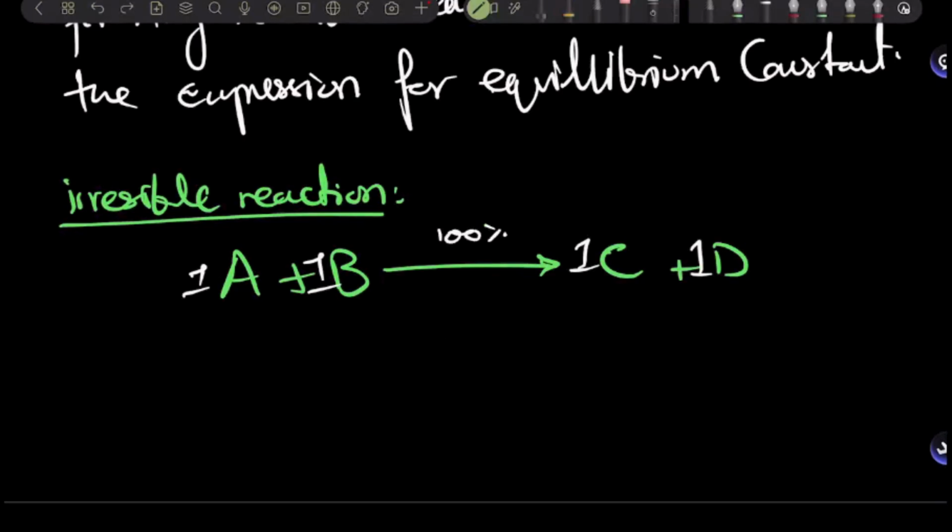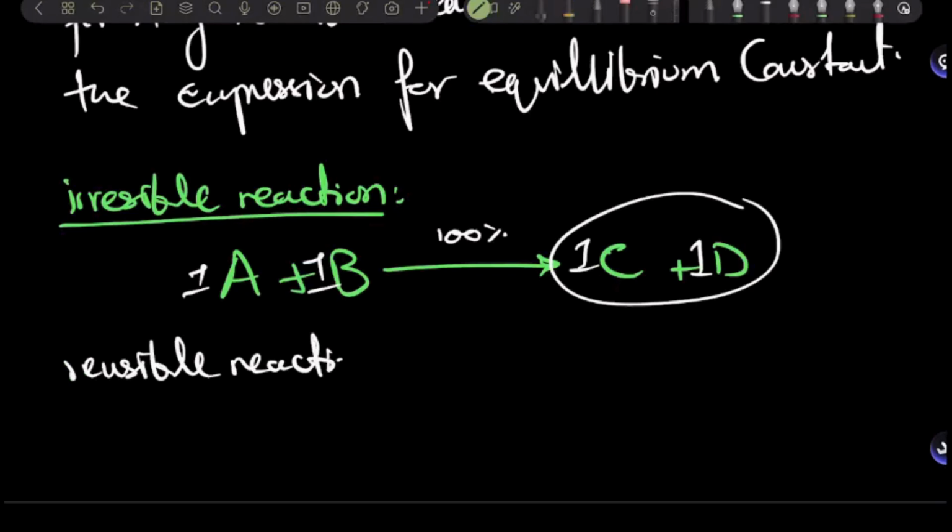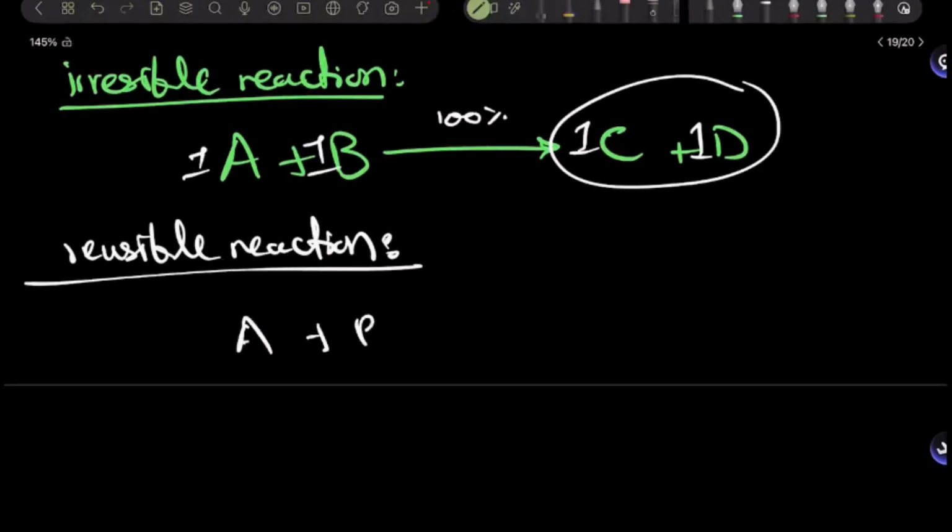You can make the ratios of the products with the reactants in order to find out how much product is going to be made because 100% of the reaction is happening. All of the reactants are converting into product, right? So we could make ratios over here. But in reversible reactions, this is not possible. In reversible reactions, the reaction never completes.